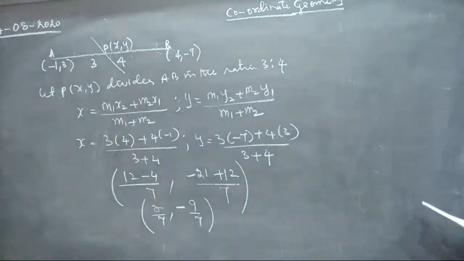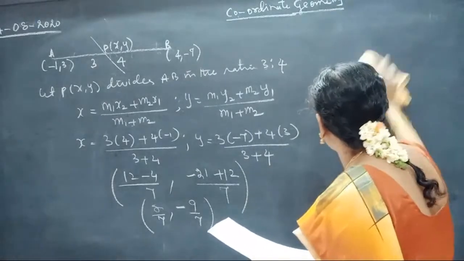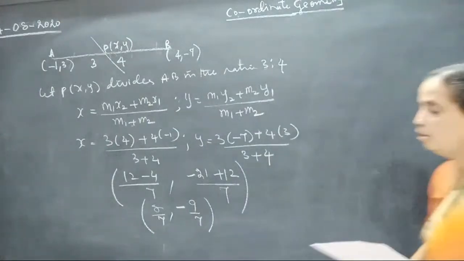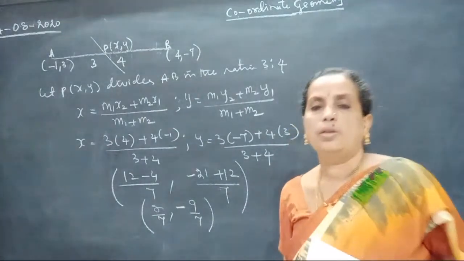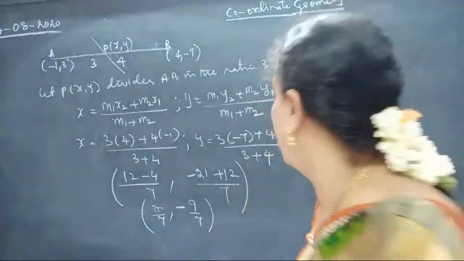Before that, you should be aware of the meaning of the median and what it does when it is drawn from the vertex to the opposite side. So what is a median?